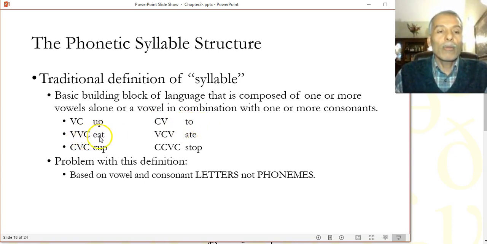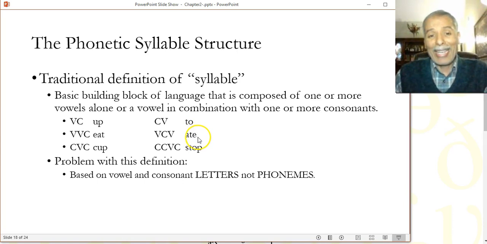VVC can be vowel vowel consonant, like eat: in written language, EA is two vowels, and then consonant t. In phonetics, no. It is a single vowel, a single consonant. And then VCV, one vowel, one consonant, one vowel again.